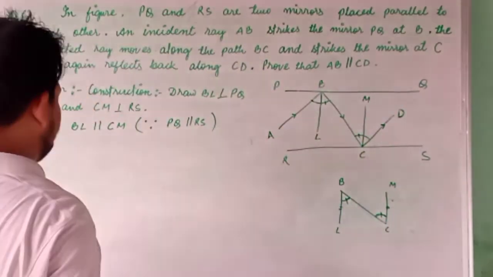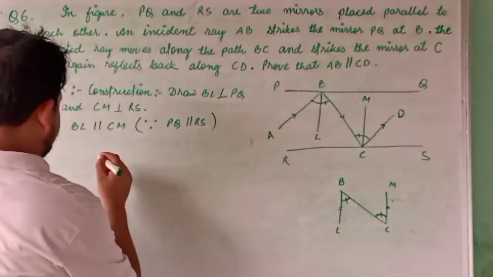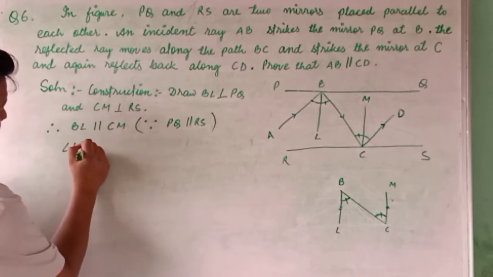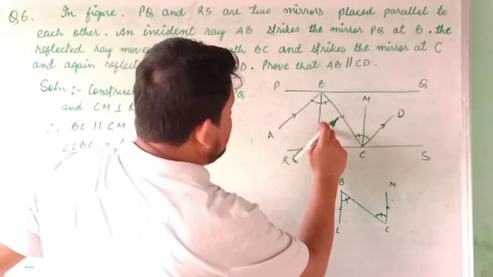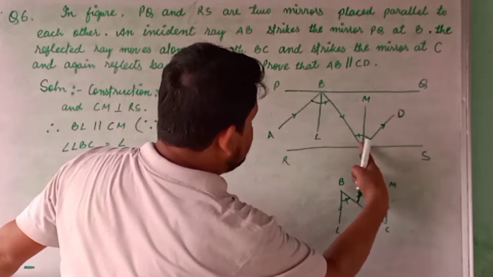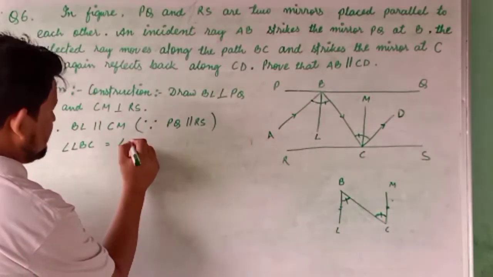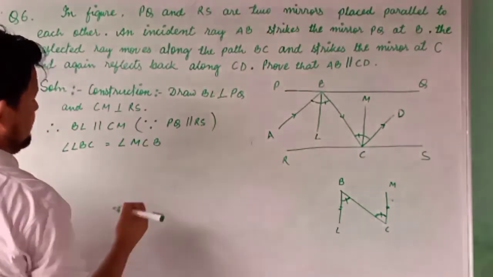Okay, so let us write down this one. So then what we can get, angle LBC, this angle, is equal to angle MCB, this angle. Am I right?